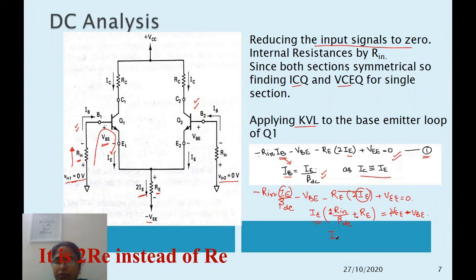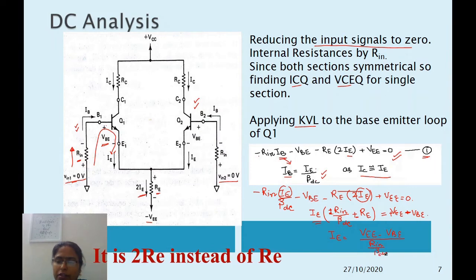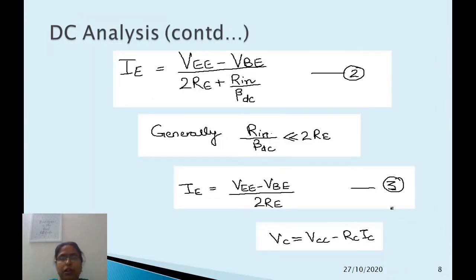So IE is equal to VEE minus VBE upon Rin upon beta DC plus 2 times RE.